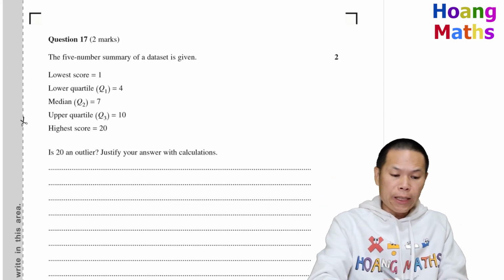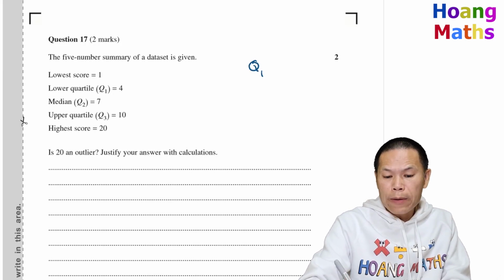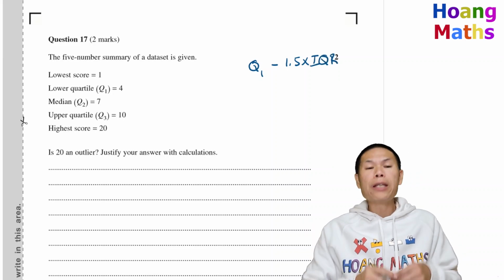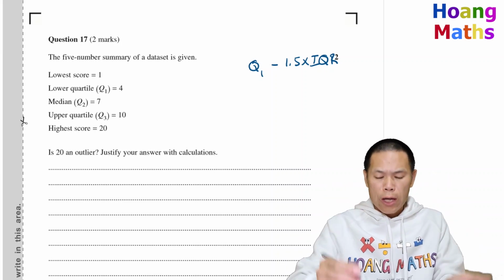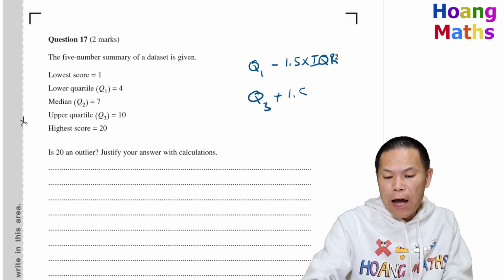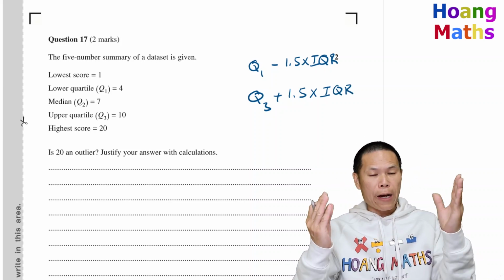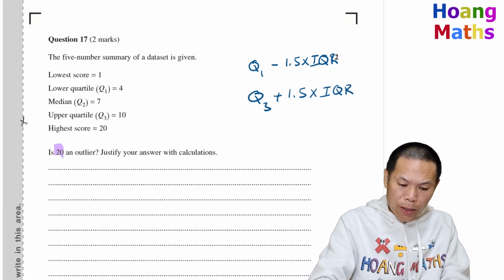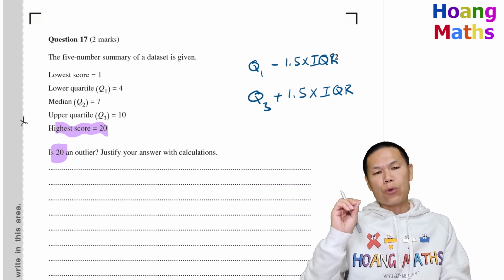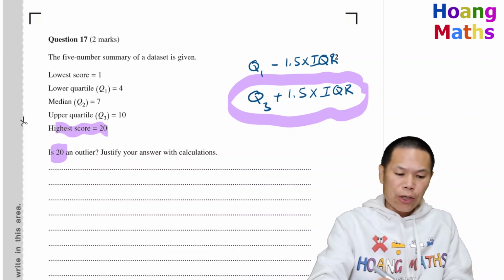To work out an outlier, a number is an outlier if it is less than Q1 minus 1.5 times the interquartile range, or if it is more than Q3 plus 1.5 times the interquartile range. Since 20 is the largest score, we need to work out whether it is greater than this upper limit. If it is, it will be an outlier. So let's work this out.